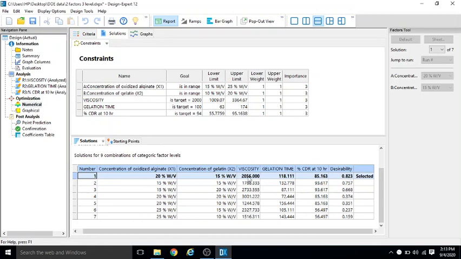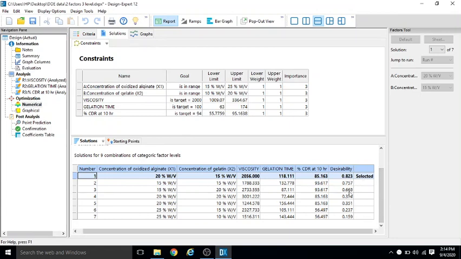Okay, so here you can see that percentage CDR at 10 hour is 85.163. The target was 94, but if you see the other parameters, they are somewhat near to what I have selected, right? So viscosity is 2056 centipoise, gelation time is 118 seconds, and the percentage CDR is 85.163.